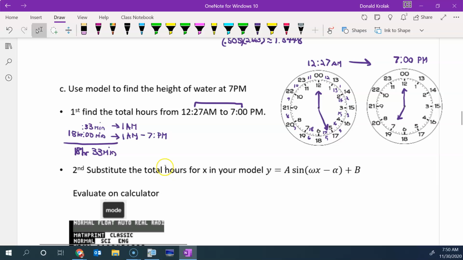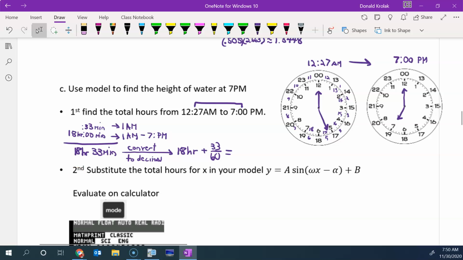Now, convert that to a decimal. That's 18 hours plus 33 over 60.